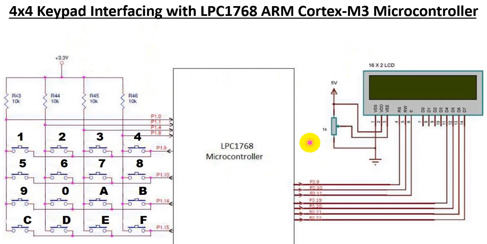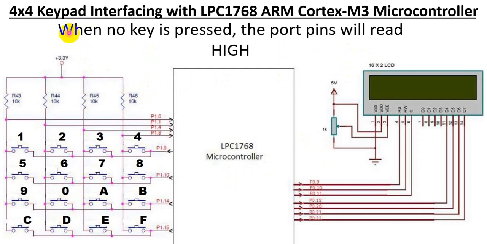Now let us see the logic now. So as said earlier, when no key is pressed, the port pins, that is the pins connected to the column, will always read high, as you can see. So these are the input pins. Whatever comes to those input pins, they will read it. So they are all connected to active high. So that is the default state. So whenever you receive a 0 onto this port pins, it means a key has been pressed.